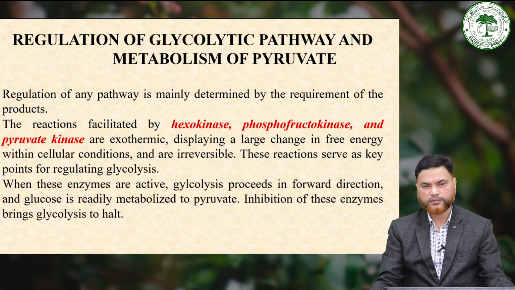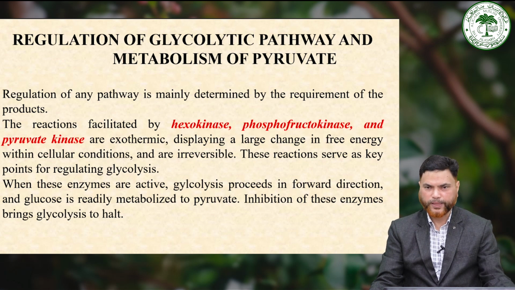In our previous lecture, I mentioned that the reactions catalyzed by the enzymes hexokinase, phosphofructokinase and pyruvate kinase are exothermic, and these steps display a large change in free energy within existing cellular conditions. So these reactions serve as key points for regulating glycolysis.